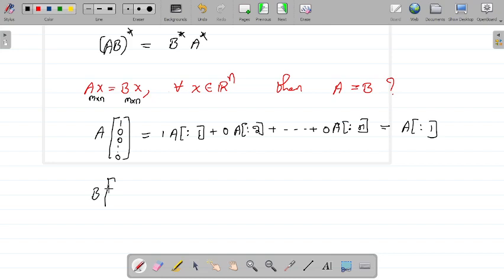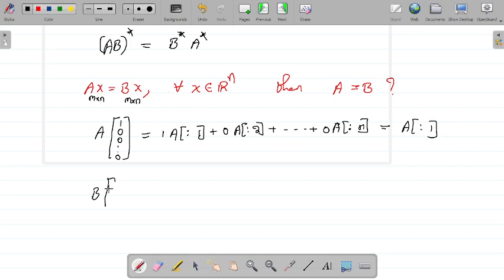So what are those arrangements? Let me take the first one, 1, 2, 3. Next, I'll keep 1 as it is and interchange 2 and 3, giving 1, 3, 2. Now I'll interchange 3 and 1. This time I'll keep 3 as it is and interchange 1 and 2.